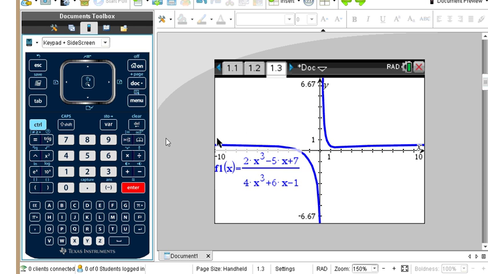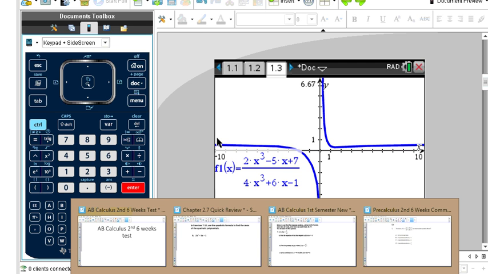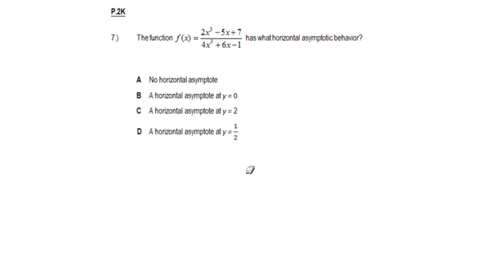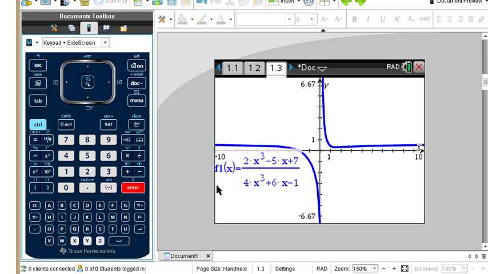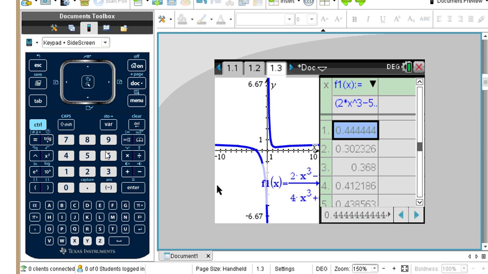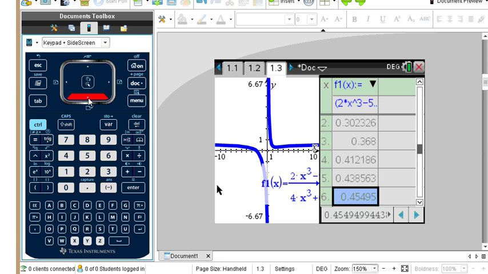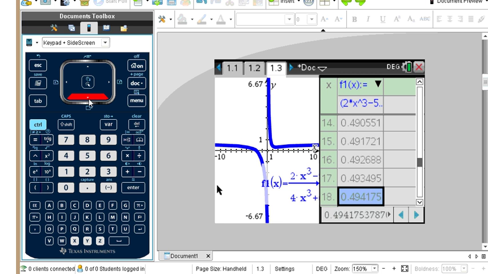Now, horizontal asymptotic behavior is the limit as x approaches infinity or negative infinity. So what we need to do is get a very large number. As x goes toward infinity, we're going to approach the value of our horizontal asymptote. We can do this a number of ways. If we go to Control T, we can just scroll and see what we get close to.